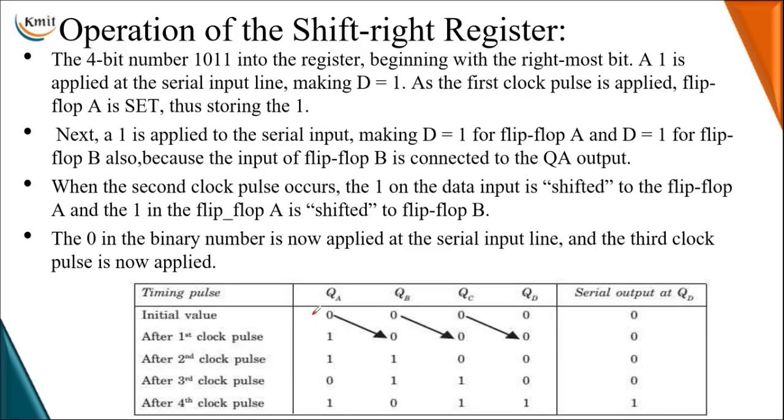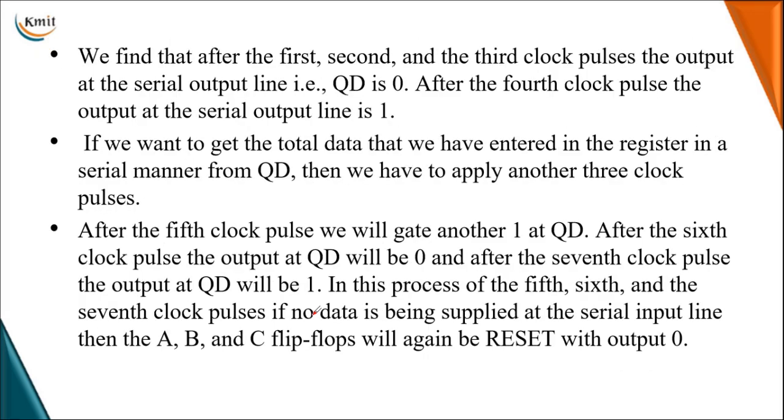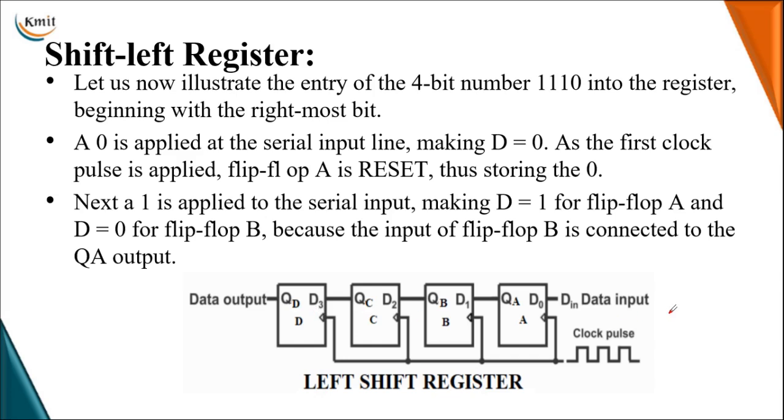In the same manner, we also have the shift left register, where there is one input terminal and one output terminal, and a common clock is used. The data input is connected to the right-hand flip-flop, and the data output is connected to the left-hand flip-flop. On these four clock pulses, the data is loaded into all the flip-flops.